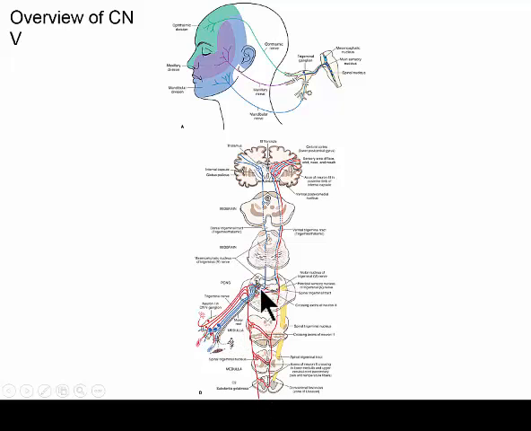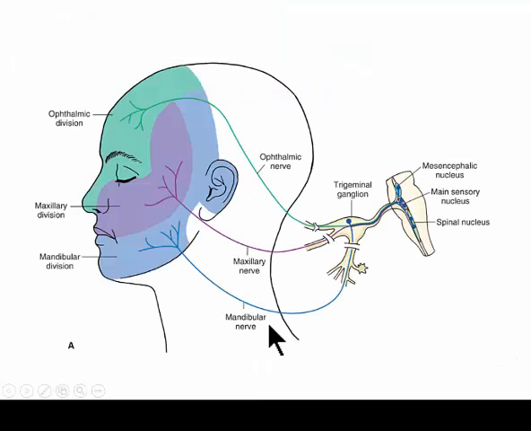Those that go to chief are going to synapse at chief and then go up. They're very, very similar to the dorsal column fibers, except they go to VPM also. And that's two-point discrimination, vibration, proprioception. And then don't forget, up in the midbrain, you're going to have that mesencephalic nucleus in the midbrain for the jaw jerk reflex. Let's see if we can get a better picture of that.